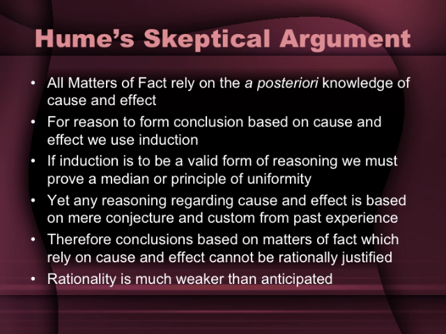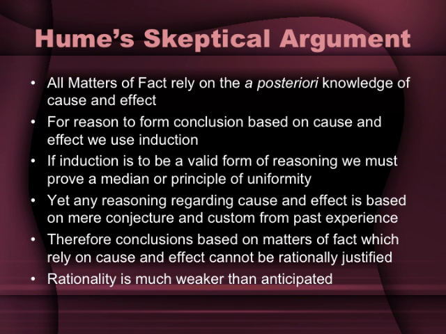So in order to reiterate Hume's skeptical argument, all matters of fact rely on a posteriori knowledge of cause and effect. For reason to form conclusions based on cause and effect, we use induction. Obviously, we don't use deduction, we use induction. But if induction is going to be a valid form of reasoning, we must prove that the future does in fact resemble the past.